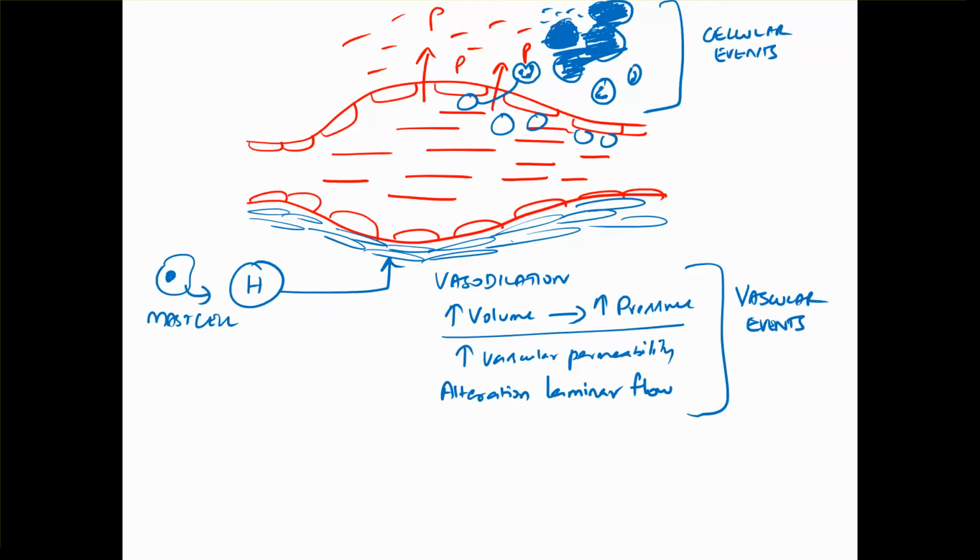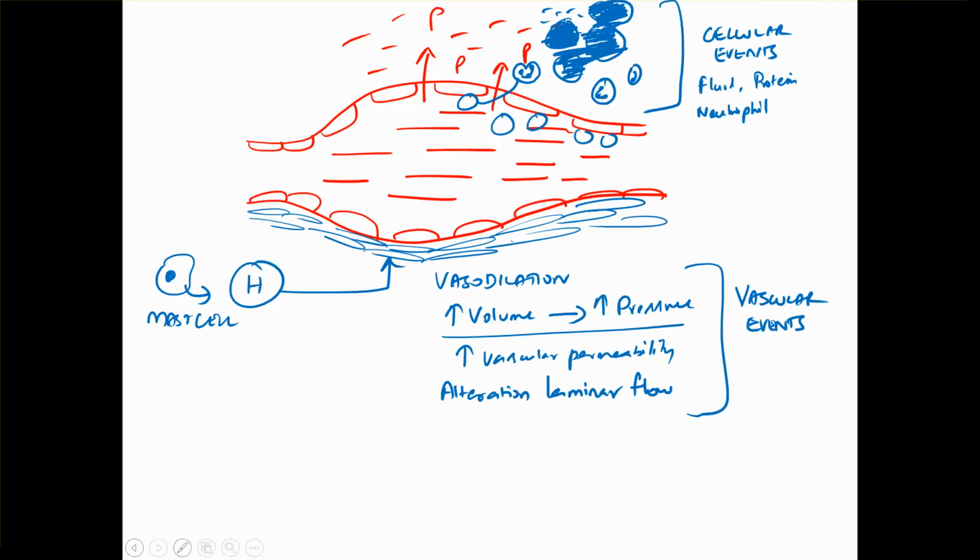So because of this fluid, protein and neutrophils killing the bacteria, and they also die during that process, and new living neutrophils, and sometimes you can see the living bacteria.